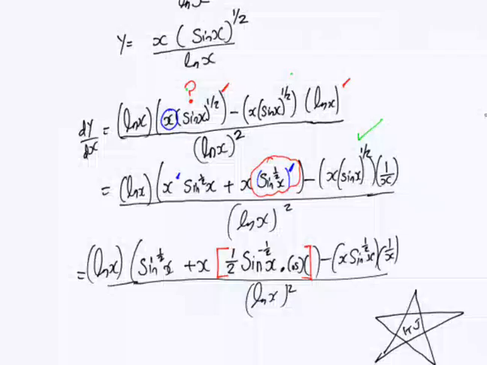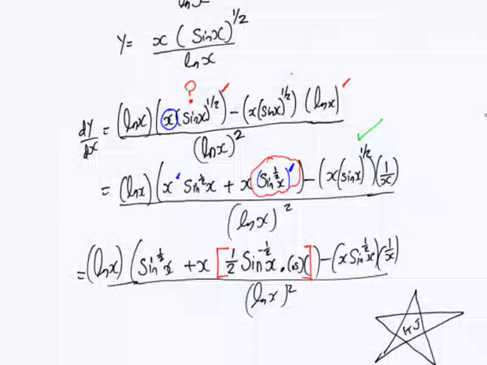Now one of these again is easy and one of these is difficult. What's the easy one? This one here is easy. Derivative of x is 1. This is the tricky part. So let's do the easy part first. x sine power half x minus brackets.